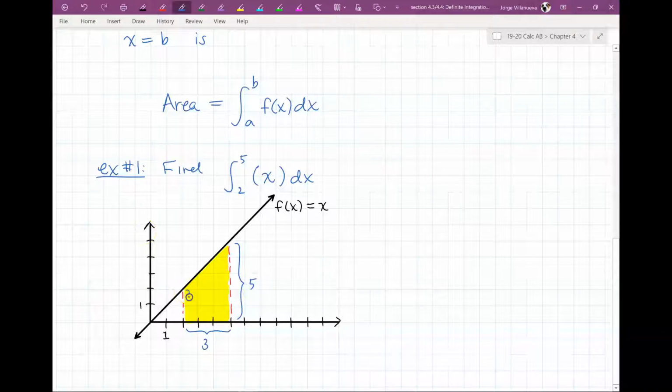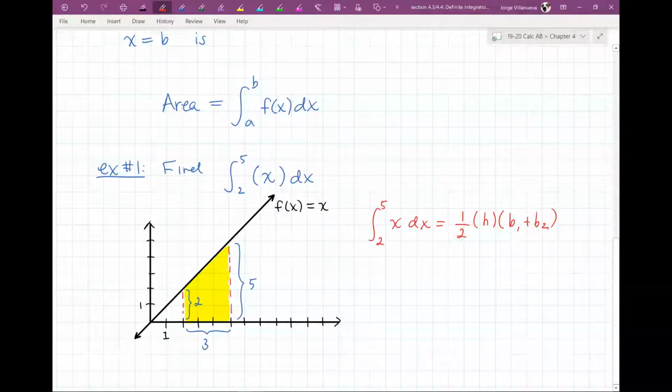What about this smaller one? It's 2. So all you have to know to integrate from 2 to 5 of x dx is that it's the same as finding the area of that trapezoid.